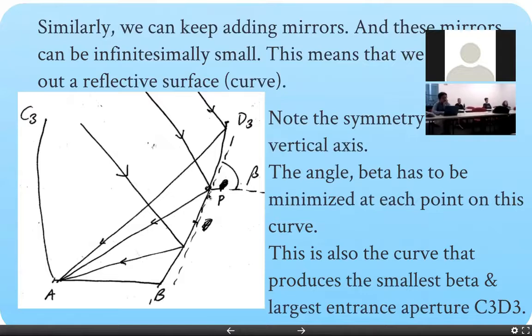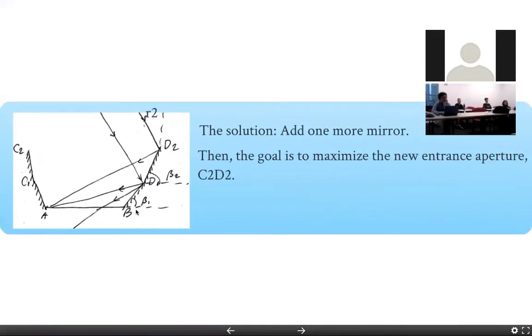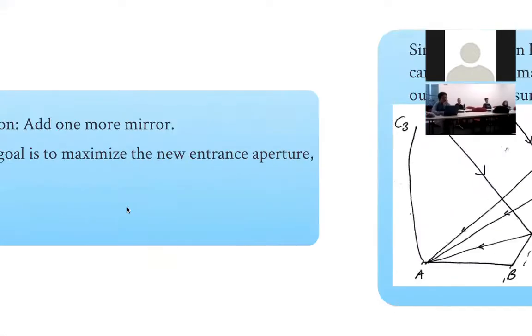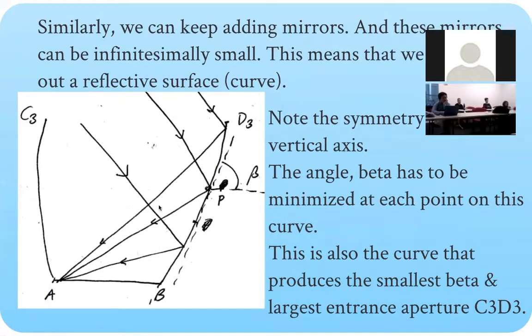Sorry, the tangent of the surface with respect to the horizontal. Okay, remember, this is essentially the tangent to the surface of the curve. Now you can also show that this is also the curve that produces the smallest beta and largest entrance aperture, in this case C3D3.